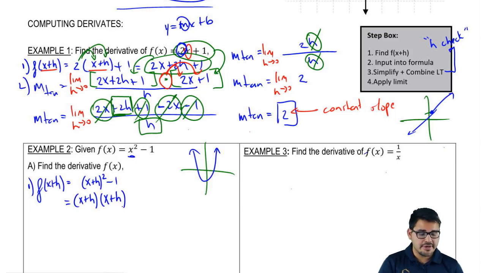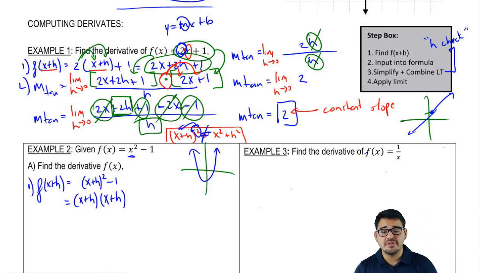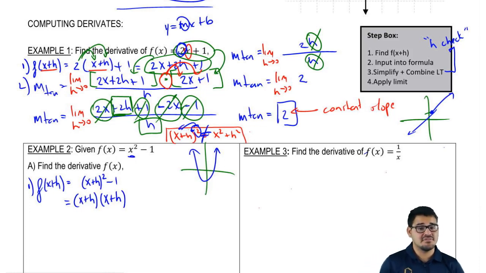So real quick here, big common mistake when computing x plus h squared, is that we love to be lazy and we love to say that x plus h squared is equal to x squared plus h squared. We just kind of dump this 2 and square this and then square that. But that is not true. That is not true. Alright? You have to actually multiply x plus h times x plus h. Very common mistake. Please don't fall for it.